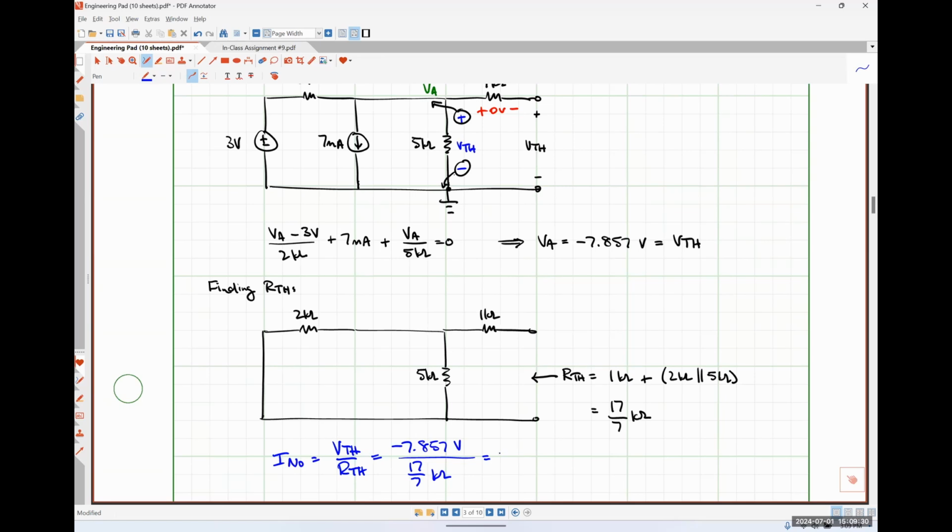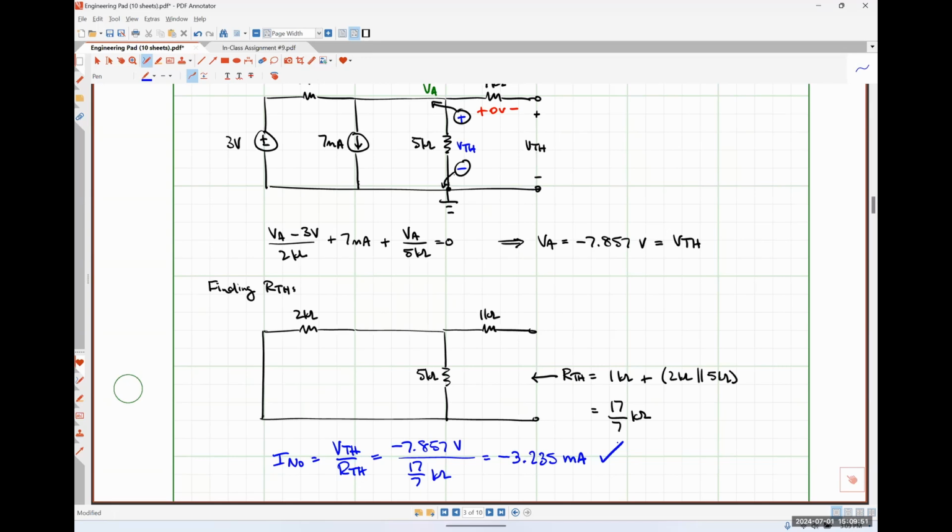And I got negative 3.235 milliamps, which agrees with our direct analysis for computing our Norton current. So we must have done both parts correctly. Great.